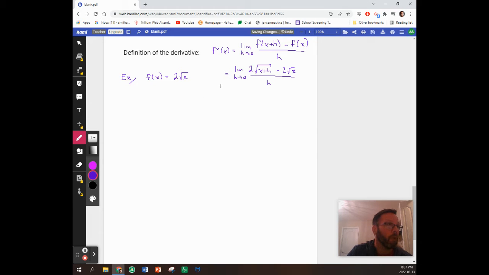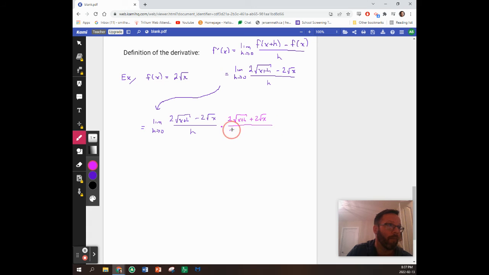Our strategy for evaluating indeterminate limits like this, where we have radicals, was to multiply by the conjugate. What is the conjugate of 2 root x plus h minus 2 root x? It's 2 root x plus h plus 2 root x.